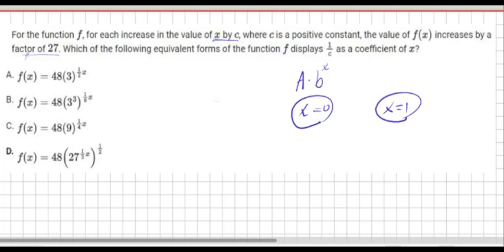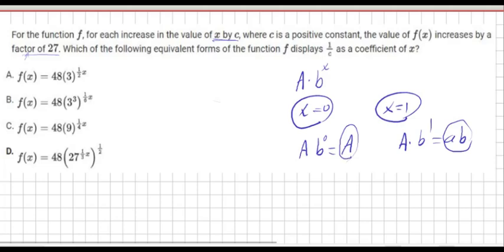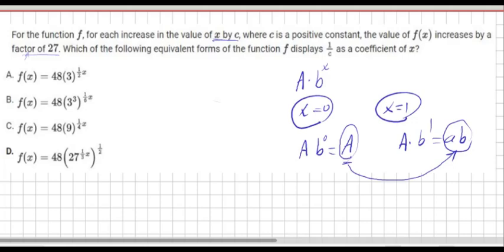If you put 0 here, a times b to the power of 0 means a, because b to the power of 0 equals 1, and 1 times a is a. Replacing x with 1 gives you a times b to the power of 1, which means ab. Look at this and look at this. The difference is that this is multiplied by a factor of b.